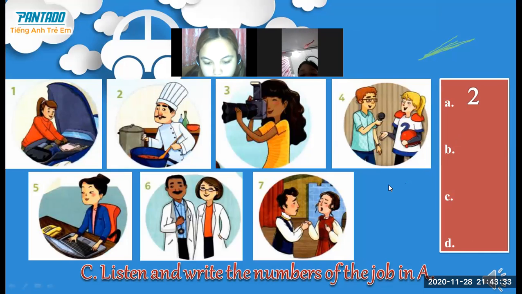Letter B, I can't hear it. Okay, so the answer is number 7, actor. So how about letter C, Anne? Letter C is 1. Okay, C is 1. How about letter D?